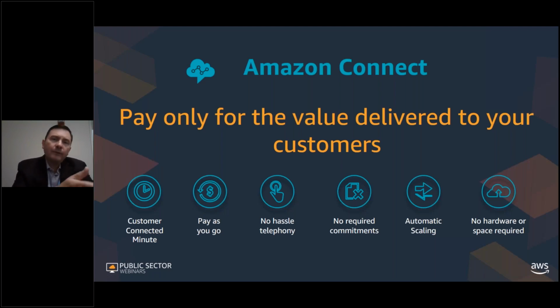So in this new world, with this technology delivered as a service, the Customer Connected Minute is the new unit of measure by which you align cost to usage. To give an example, if I have a call into my contact center, and maybe that caller is sitting in my IVR doing self-service, maybe they're sitting in music on hold waiting for an agent, or perhaps they're talking to an agent, in those scenarios we will have a charge for one minute of usage.